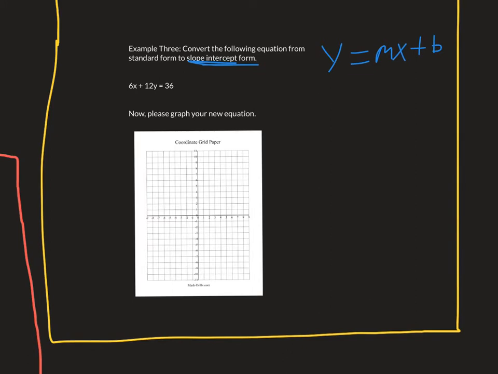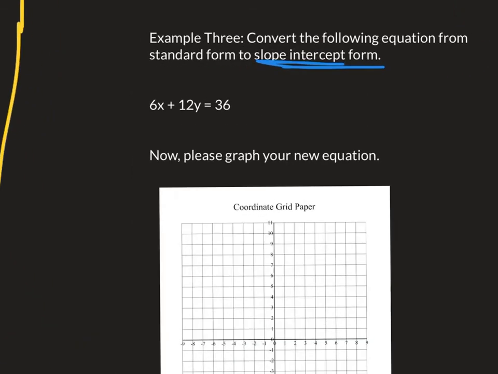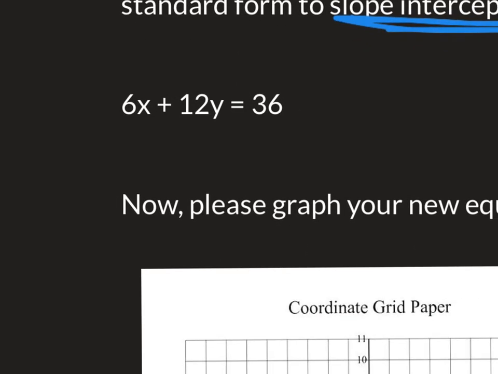So what we're going to need to do, excuse me, is solve for y. So let me zoom in. We have this equation. I'll let you take a second to think about what we're going to need to do. What we're going to need to do is subtract 6x from both sides as a start. We're doing this because we know that we need to get y by itself on the left side.